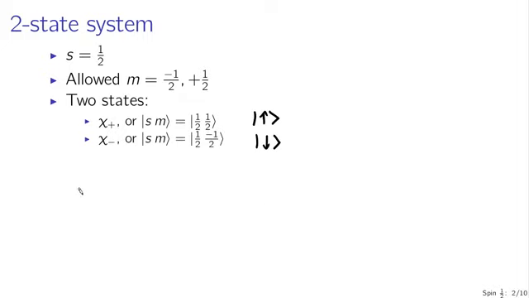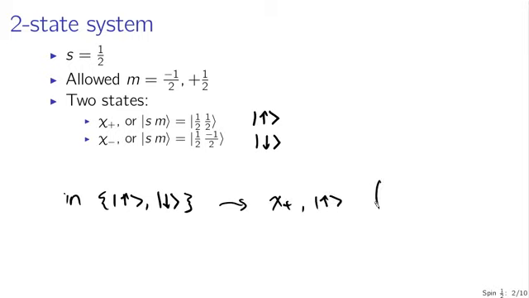The vectors that we're working with then, this chi plus, expressed in this basis, the basis of spin up and spin down, our chi plus vector, which I'm also writing as just up, is given by simply 1, 0. Likewise, chi minus, or spin down, is given by 0, 1.